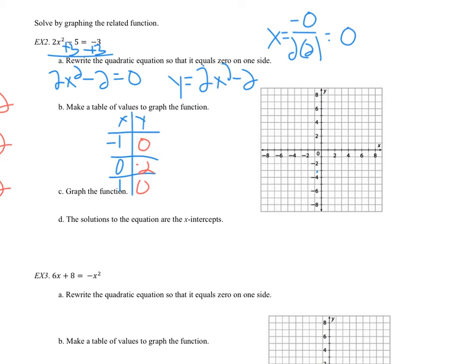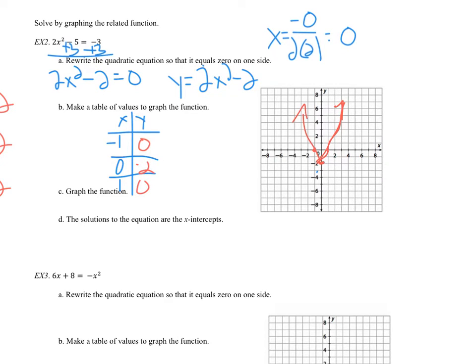So as we go to plot this, we get negative 1, 0; 0, negative 2; and 1, 0. And then there's our graph there.